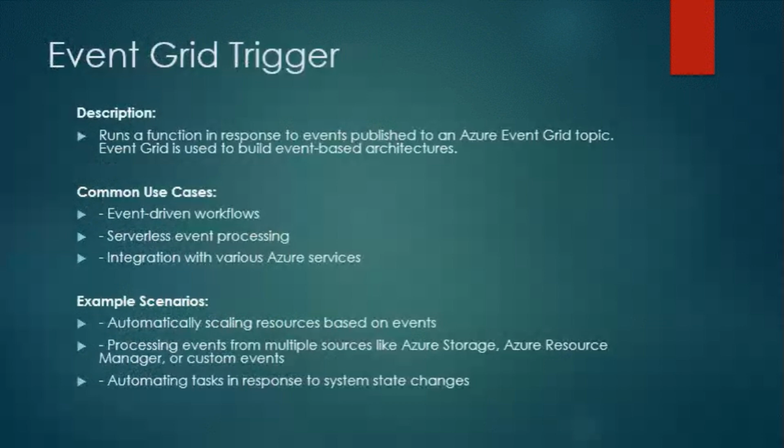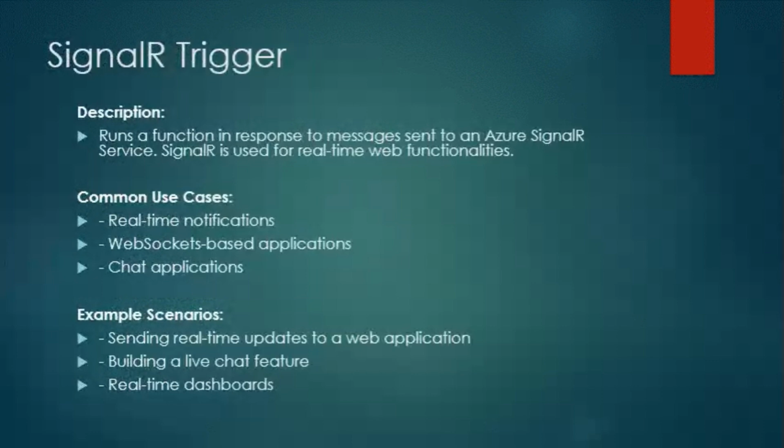Real-time data analytics means analyzing data streams in real time for insight and actionable information, right? And stream processing, what does it mean? Processing high volumes of event streams from applications, IoT devices and other sources, right? Telemetry and logging, what does it mean? Collecting and processing telemetry data for monitoring and analysis.